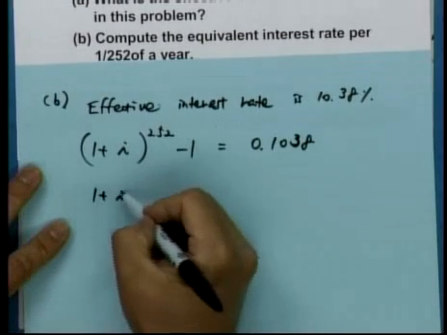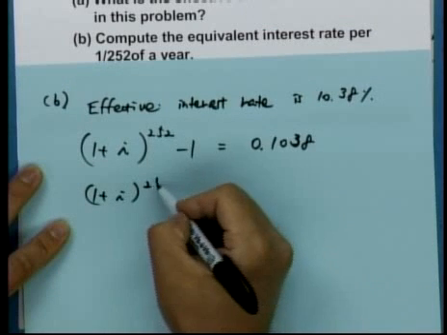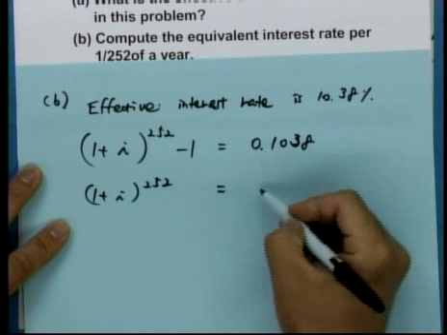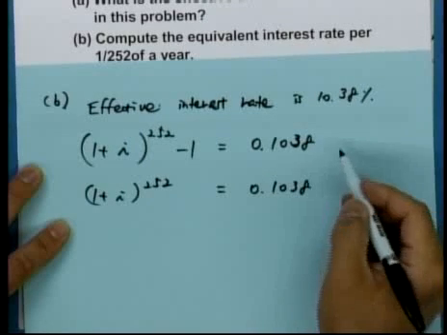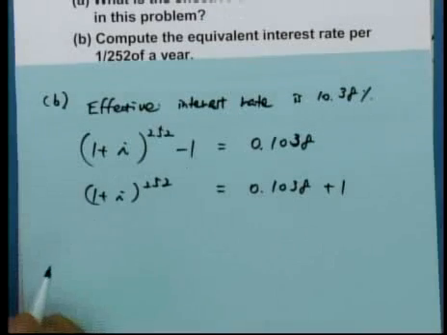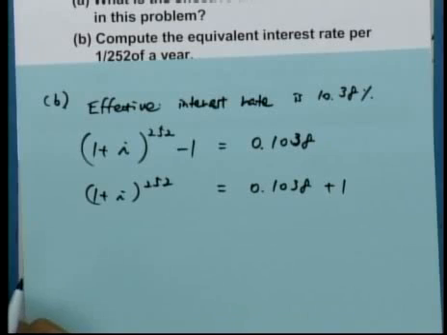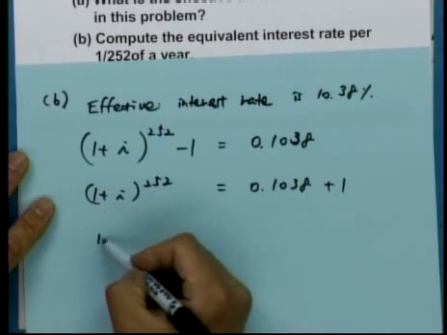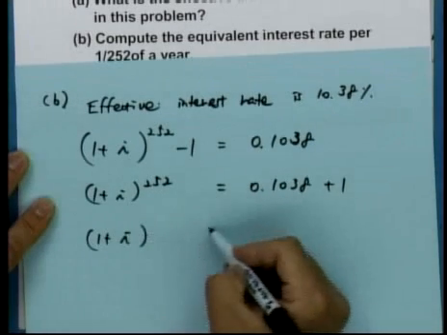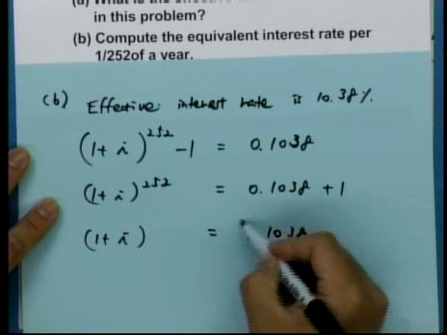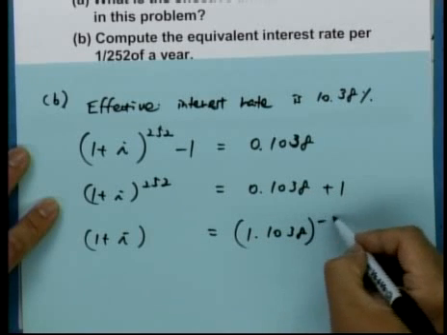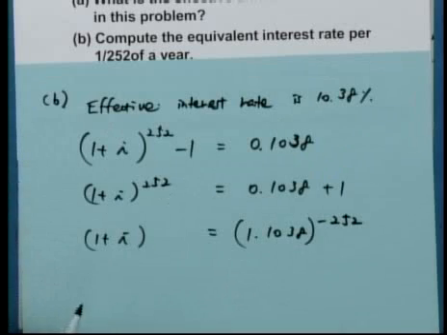So 1 plus I to the power 252 would be 0.1038 plus 1, right? So this is exactly the same as this, right? 1.1038 to the power negative 252. Is that correct?